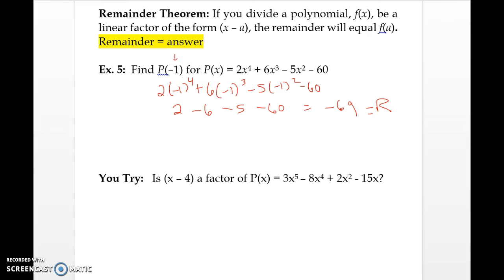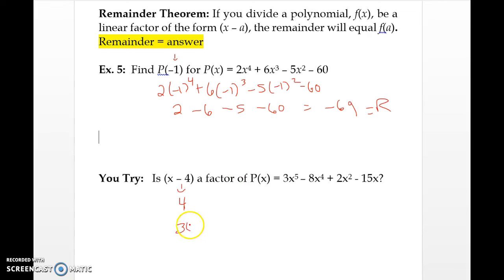Why is this helpful? If I ask you a question like this next one, is x minus 4 a factor of this big polynomial p of x? We know if the remainder is 0, it is a factor. If the remainder is not 0, it's not a factor. So we can use remainder theorem to find out the remainder instantly to tell us whether or not it's a factor. The trick here, if I give you this, we use our box number. And our box number, we always change the sign. So we're going to plug in 4 into our polynomial.